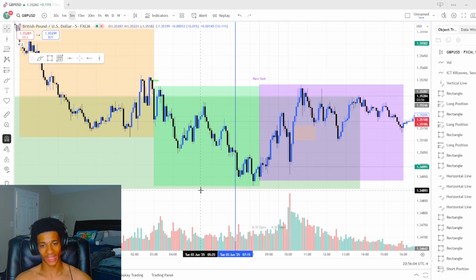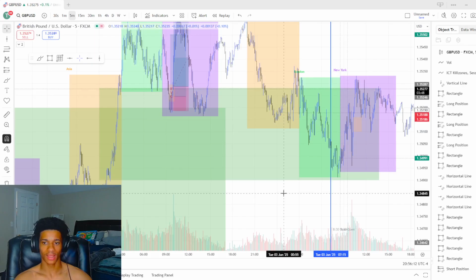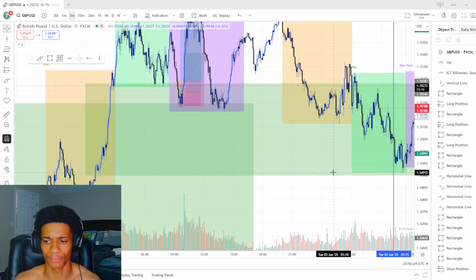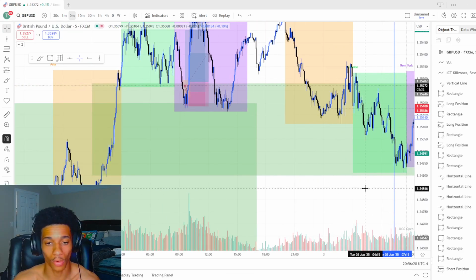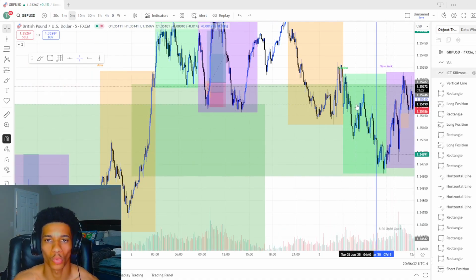So when I came into the market, I had seen that we had already swept Asia session lows with London, and then I had also seen that we kind of just stopped, not really on a draw of liquidity, internal liquidity possibly you might want to call it, but not a very apparent and super visible draw on liquidity.